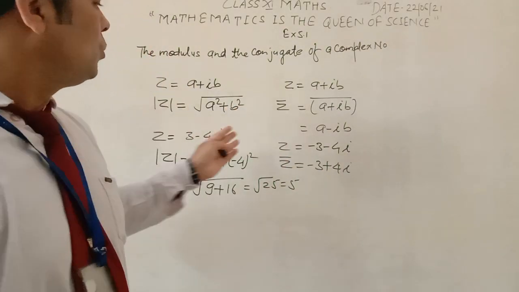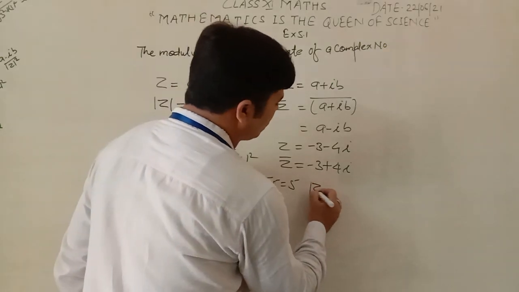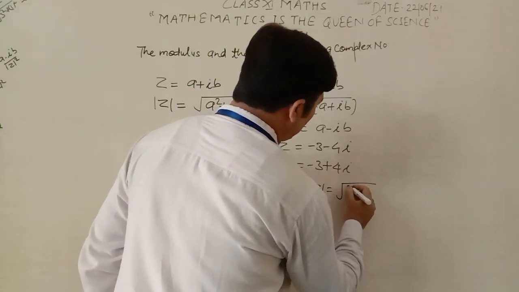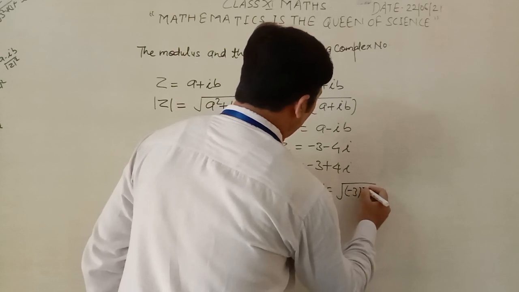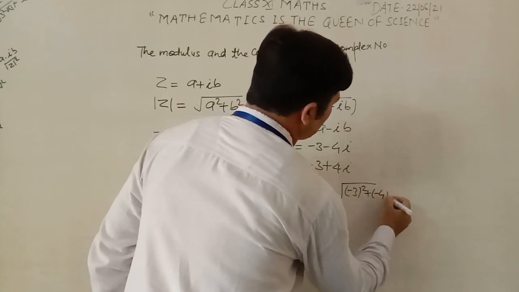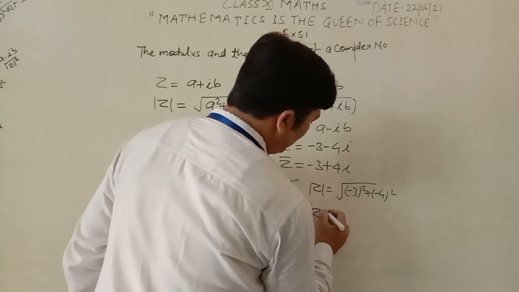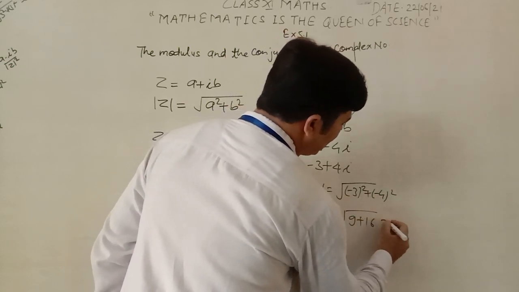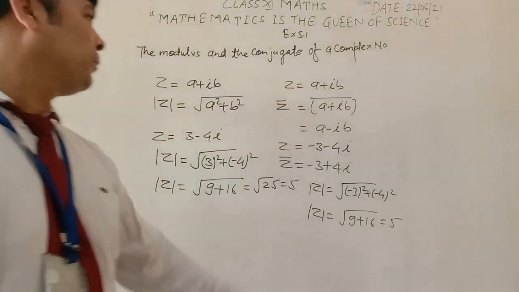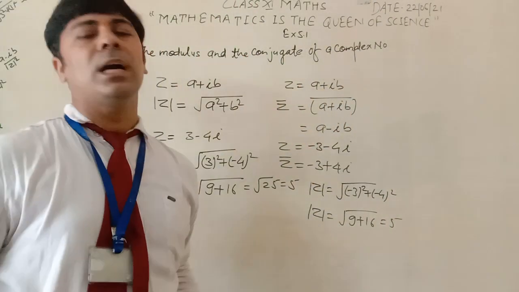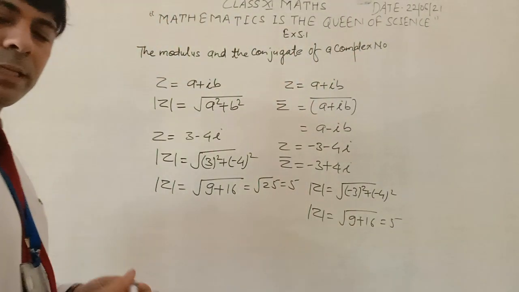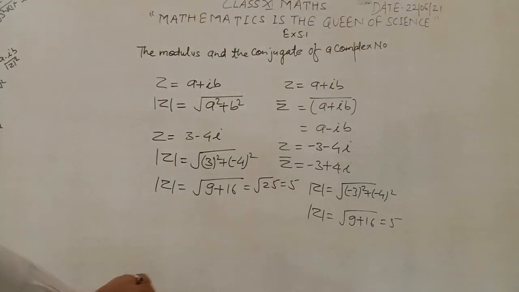Mod of z, if you need to find it, is minus 3 whole square plus minus 4 whole square, means mod of z is equal to 9 plus 16, and it is equal to 5. This is the modulus and the conjugate of a complex number.